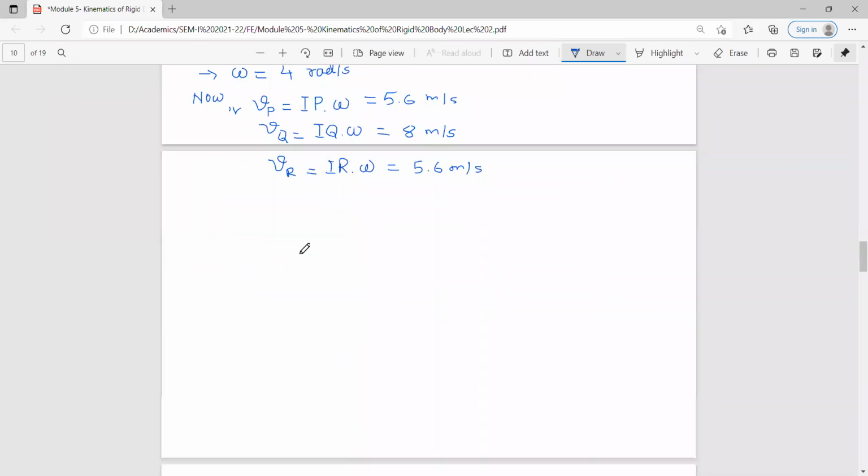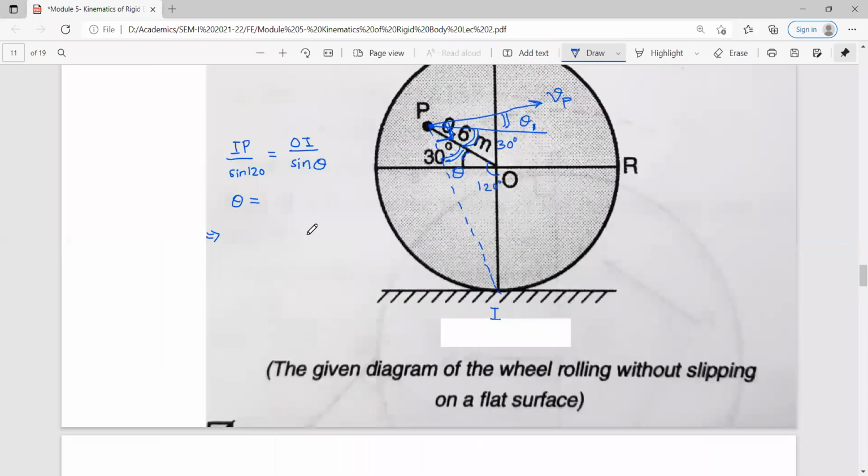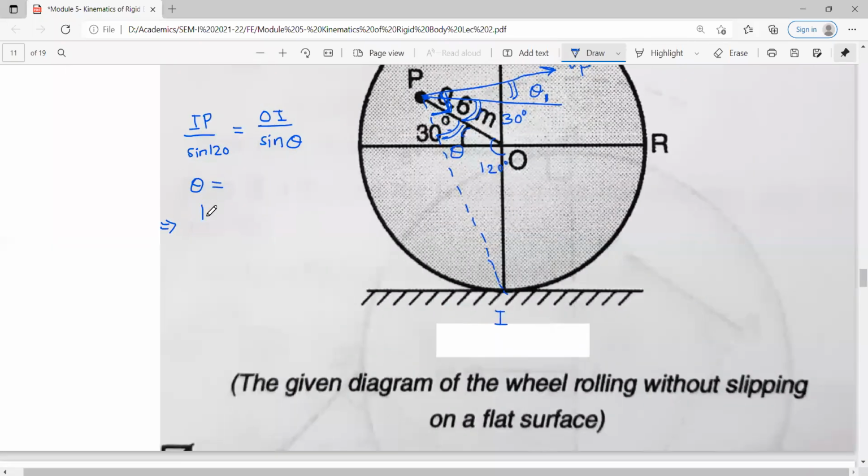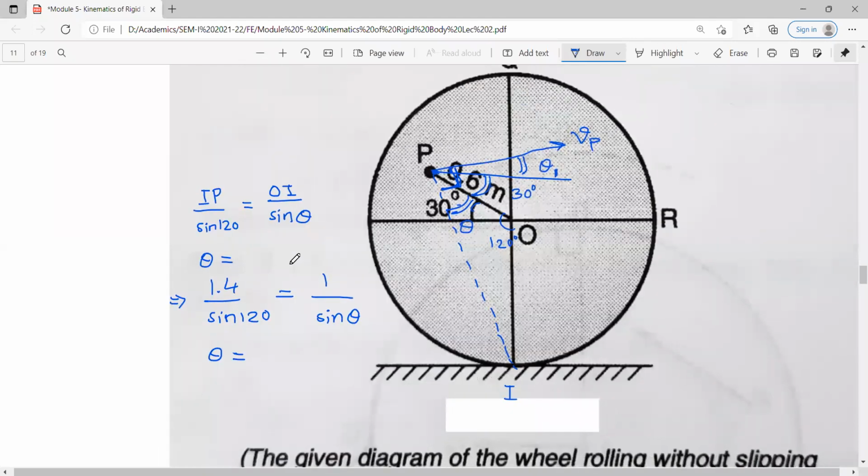IP is 1.4. 1.4 upon sine of 120 is equal to OI, which is the radius, equal to 1 upon sine of theta we want to find out. So this gives me the value of theta. कितना आ रहा है एंगल, ये आपको समझ में आ रहा है डायग्राम? 38.17 degree.